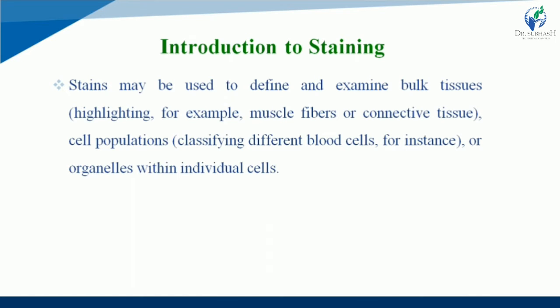Introduction to staining. What is staining? Stains may be used to define and examine bulk tissue. Which type of bulk tissue? Like highlighting, for example, muscle fiber or connective tissue, cell populations, like classifying different blood cells, or organelles within an individual's cells.